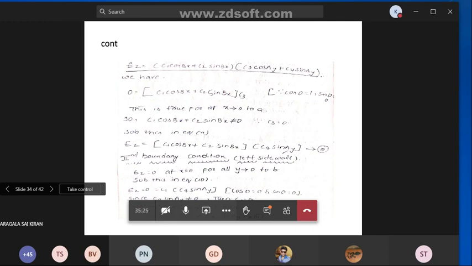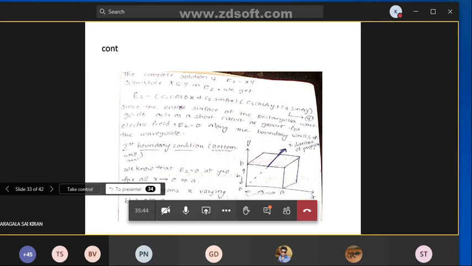So next we will see the second boundary condition, that is the left side wall. Here Ez equal to 0 at x equal to 0 for all y changes from 0 to b. See here, if you see the boundary conditions, the second boundary condition is the left side wall.